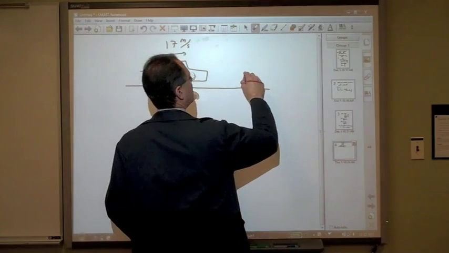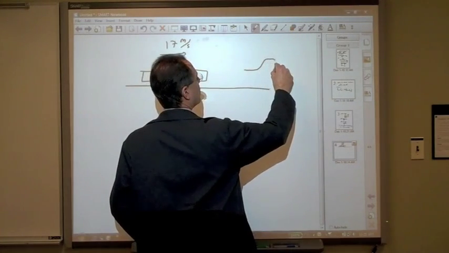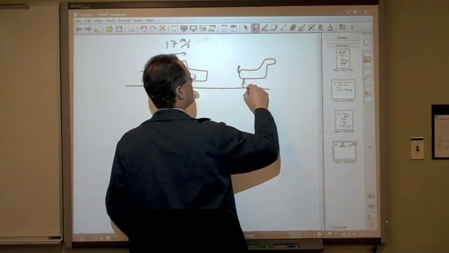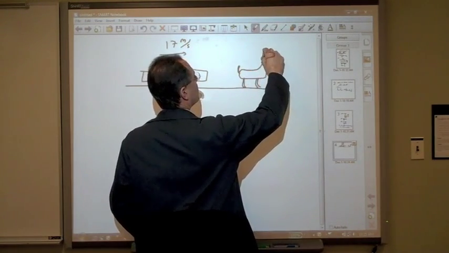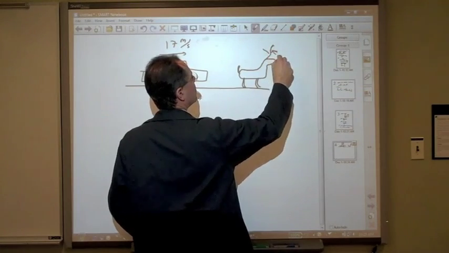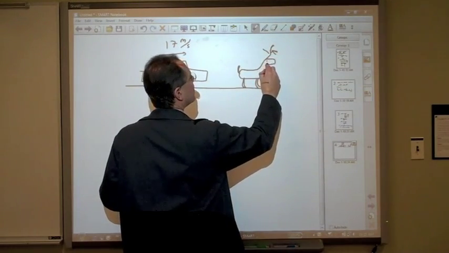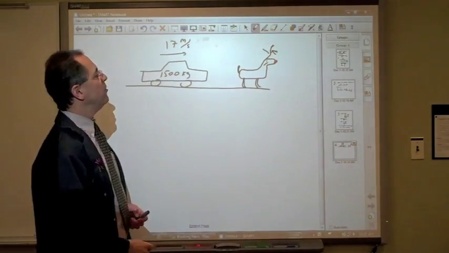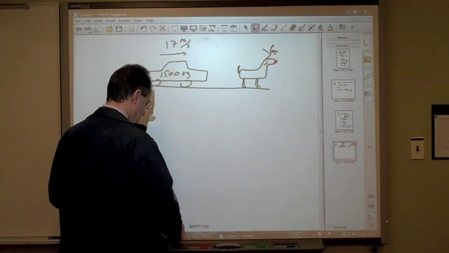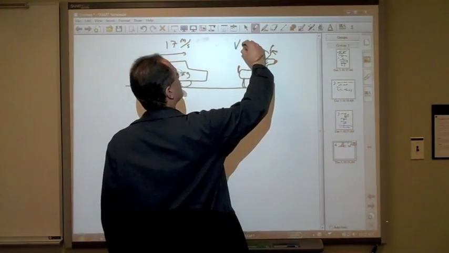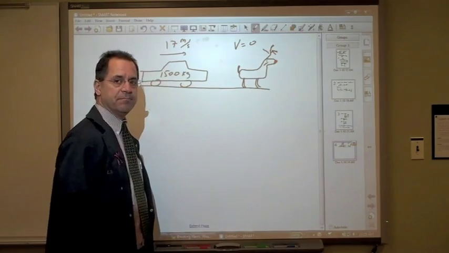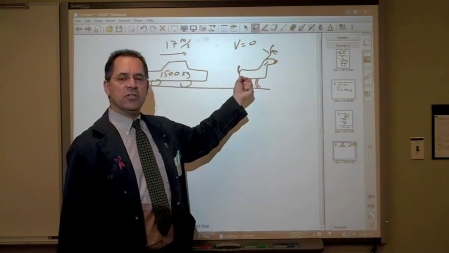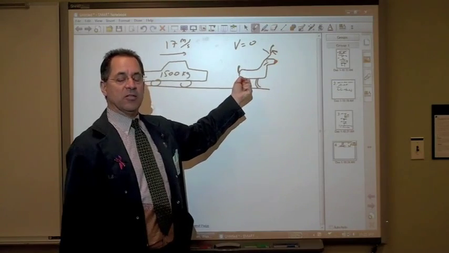We had the 200 kilogram deer moving at 0 meters per second. I'm wondering if we could figure out how much force this deer felt as a result of the collision.